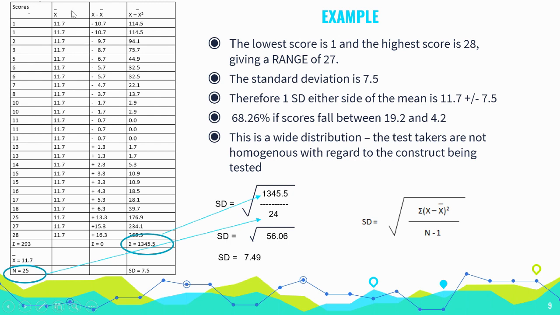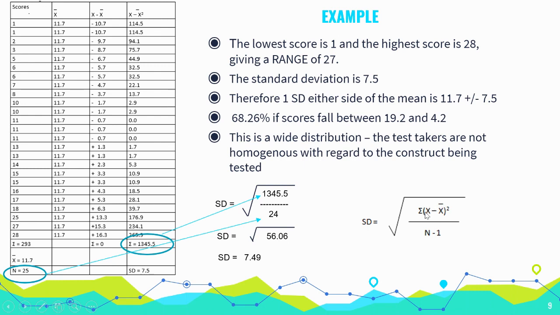And this column is just x bar, and you can see it's 11.7 all the way down, because it's the average and it doesn't change. The next column is x minus x bar, which, if you look at the formula for the standard deviation, is this bit here.